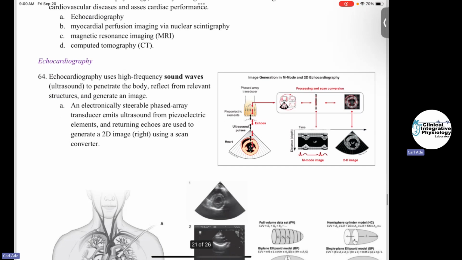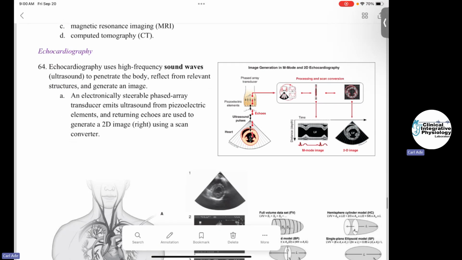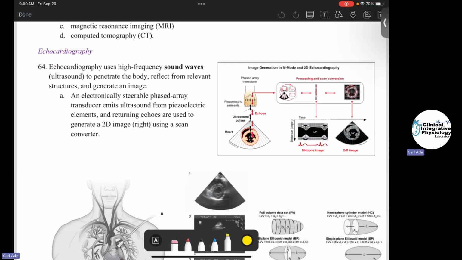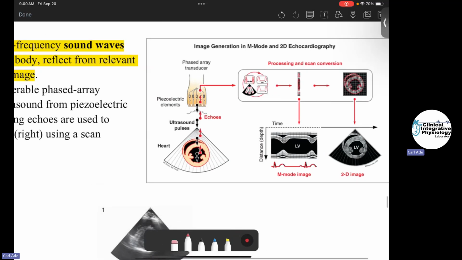So echocardiography, this is very, very common. It is non-invasive and really gives us a lot of information about cardiac function. It utilizes high-frequency sound waves that penetrate the body and reflect back based off of different tissue properties. If we take a look at my image over here on the right, this is the ultrasound transducer up here.